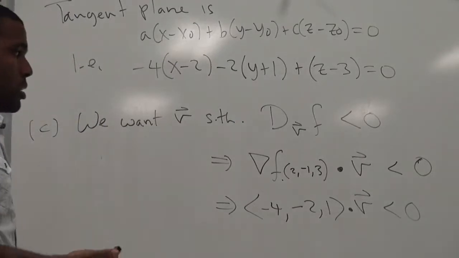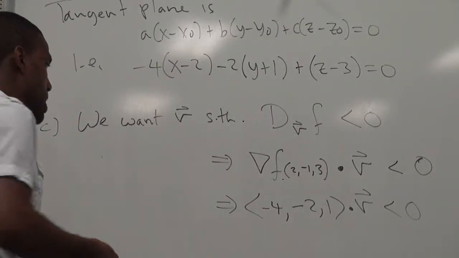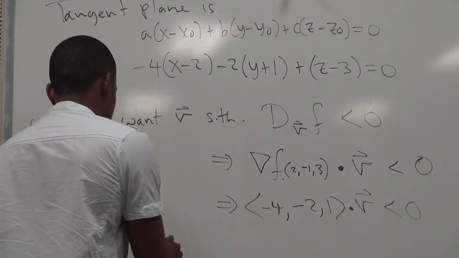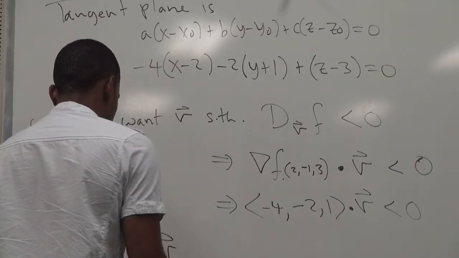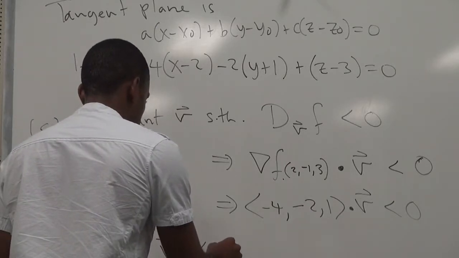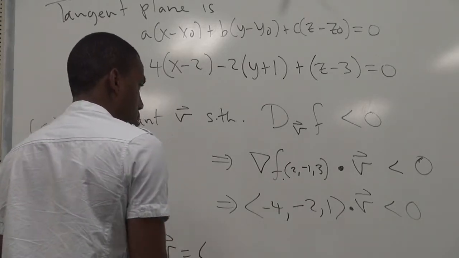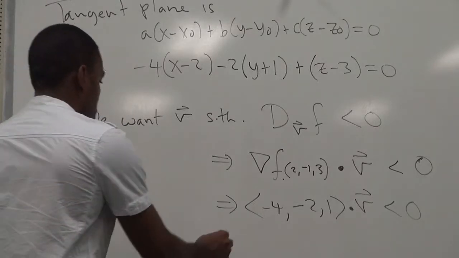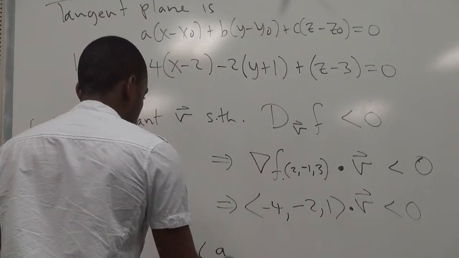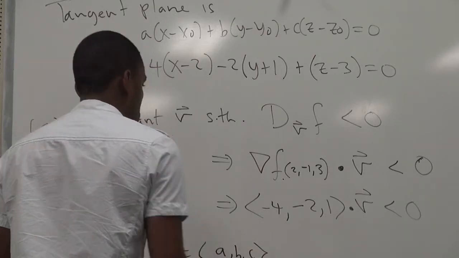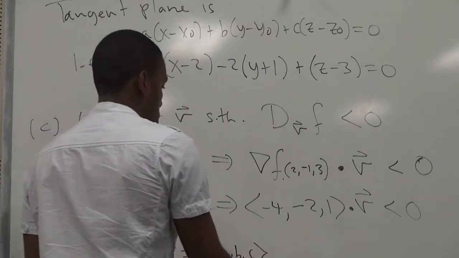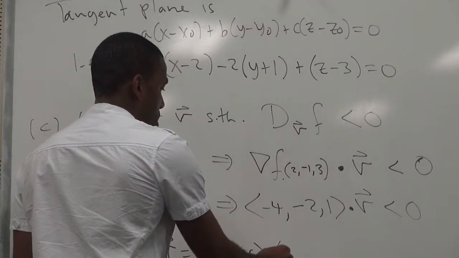Now all I do is make v some generic vector (a, b, c), and of course we're going to divide it by its magnitude later.